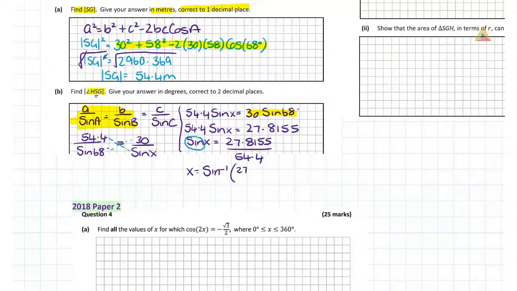So sine inverse of what we had at the right hand side. And it's just a matter of putting that straight into your calculator. So your angle HSG, as they called it, is equal to 30.75 degrees, and that's to 2 decimal places.